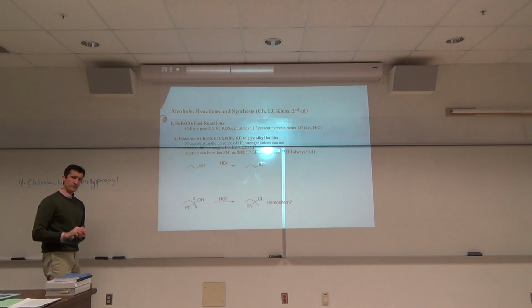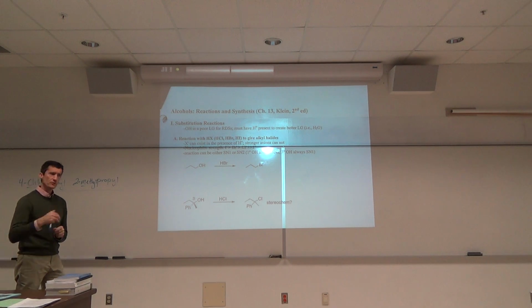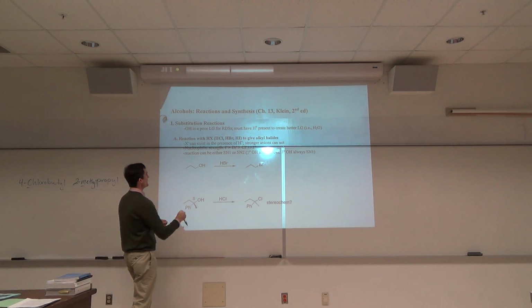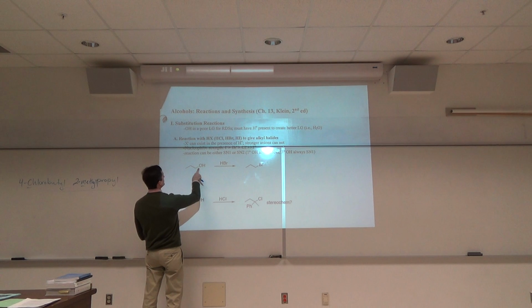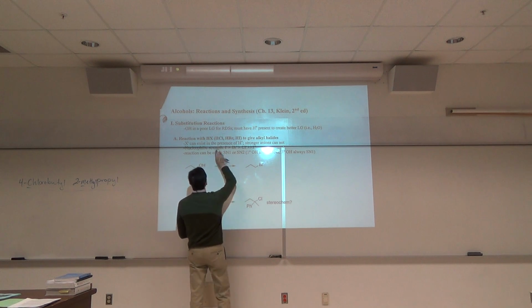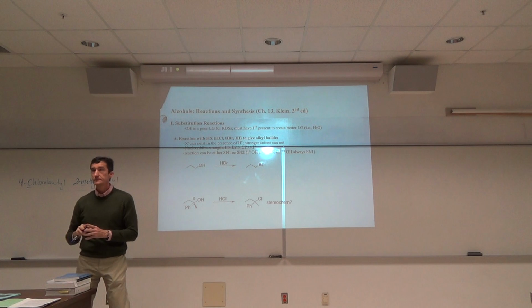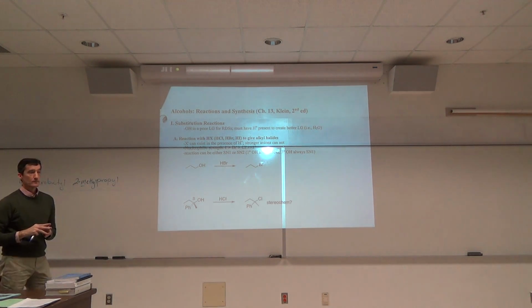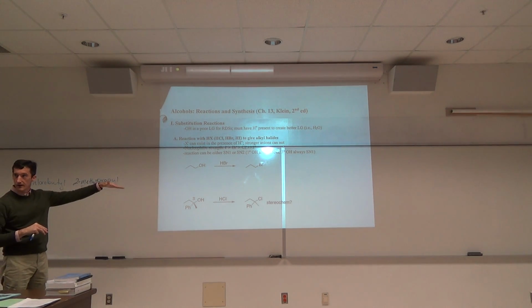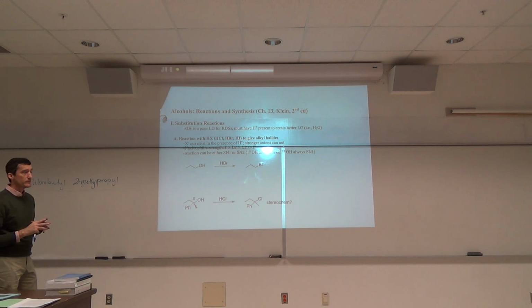In Organic 2, we're going to focus more on the transformation. What are we making? What chemistry are we doing? What's the outcome? For example, what are we doing here? We're converting an alcohol to what? Alkyl halide.